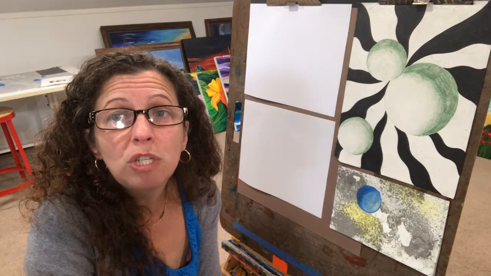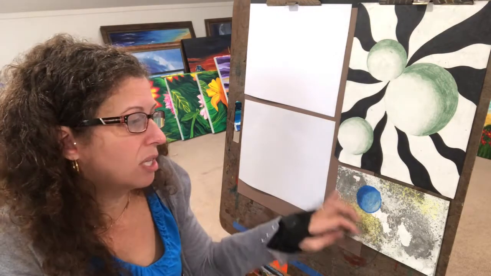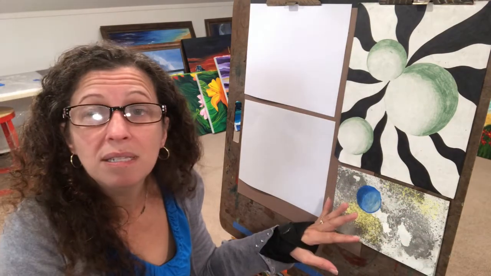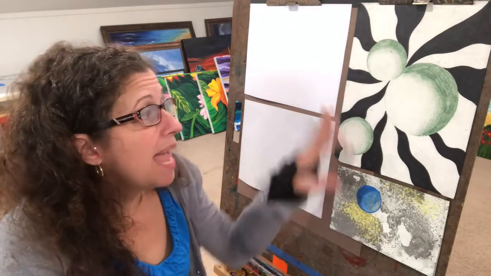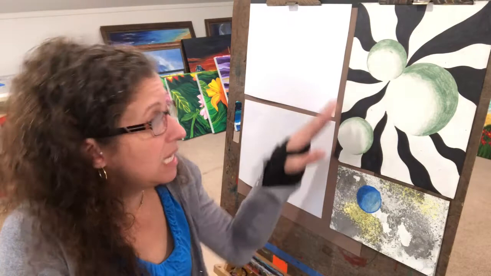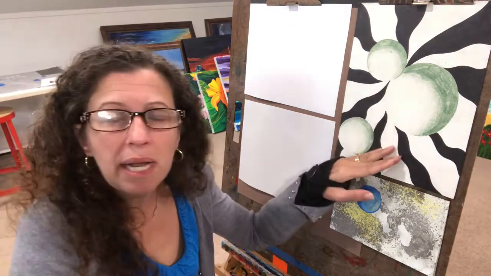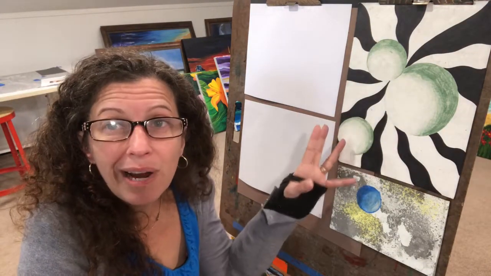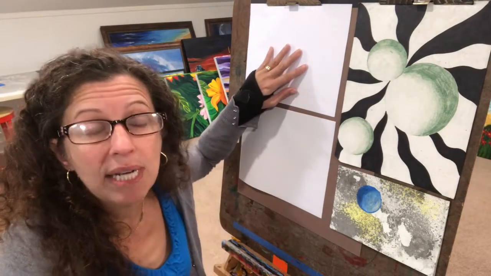And I'll show you what to do with it in case you wanna make it look like it's really an outer space scene. And if you don't have chalk and you're not able to do this technique, then you can always make it look like outer space just by using marker and crayon. And that's what I'm gonna show you here today, okay?